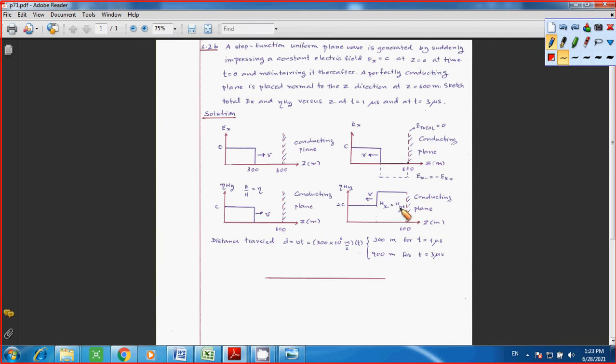Sorry, I was supposed to put this one as Y. So that's going to be double the magnitude of a field compared to a forward moving field. That's problem 6.2b.